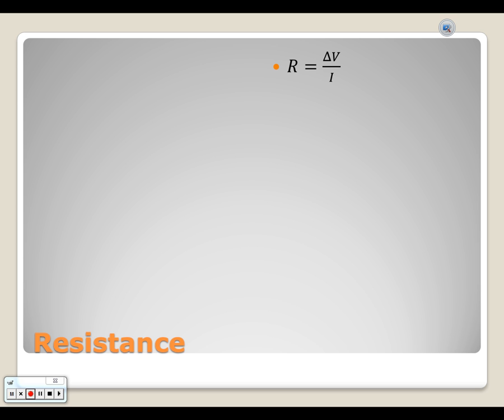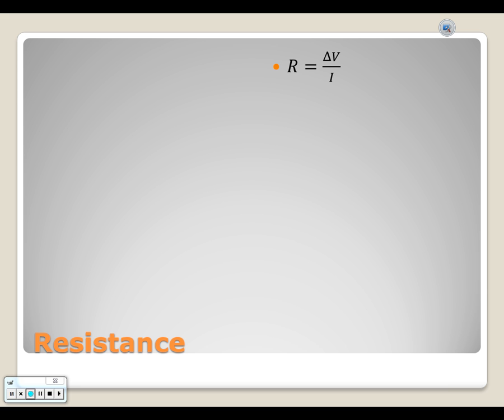Picking it up on letter E, resistance is a relationship between voltage and current. That relationship is summarized by this equation up on the board. R is probably going to stand for what? Resistance. V, voltage. And then I, current. We introduced that yesterday.